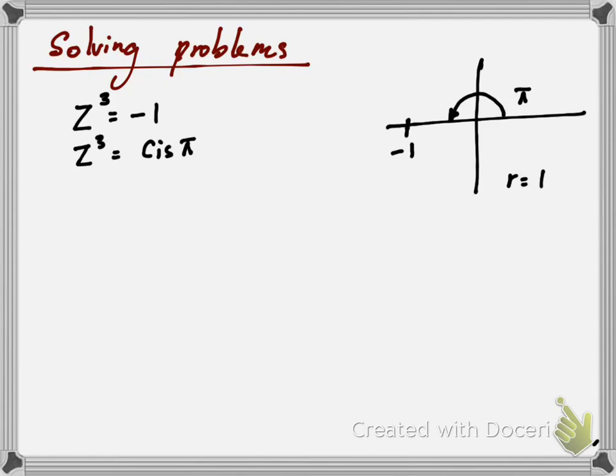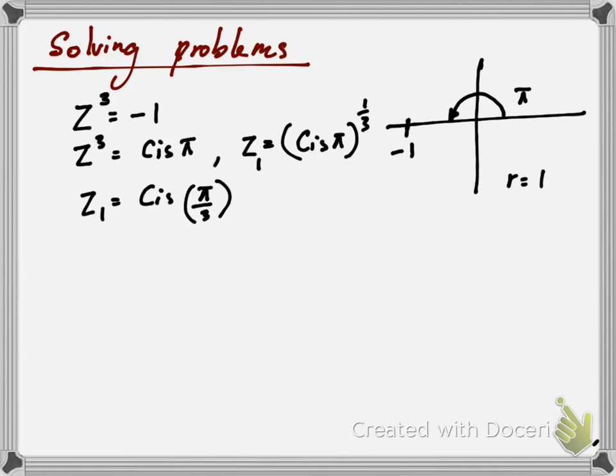So z cubed equals cis pi. If you want to find z, z is equal to cis pi to the power 1/3. Take the cube root to get z, and that'll be your first root. So z1 equals 1 to the power 1/3, which is 1, and then cis of pi times 1/3, which will be pi over 3, and that's your first root.